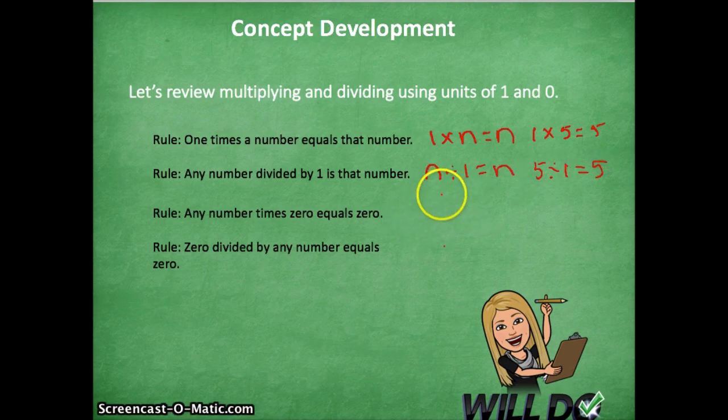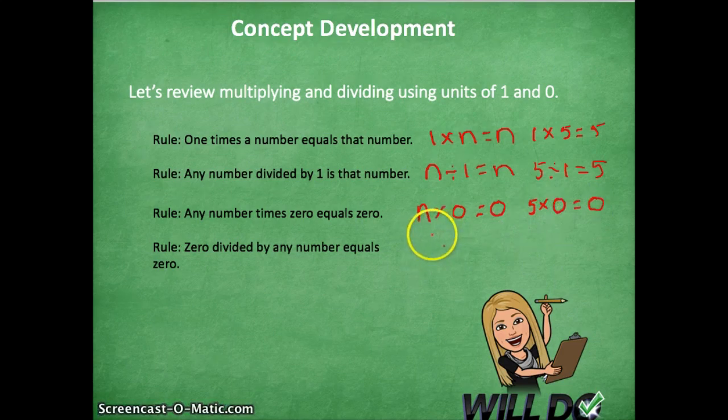And then we looked at 0, and we noticed that any number times 0 would always equal 0. That would be like 5 times 0 equals 0. Any number could be plugged in.